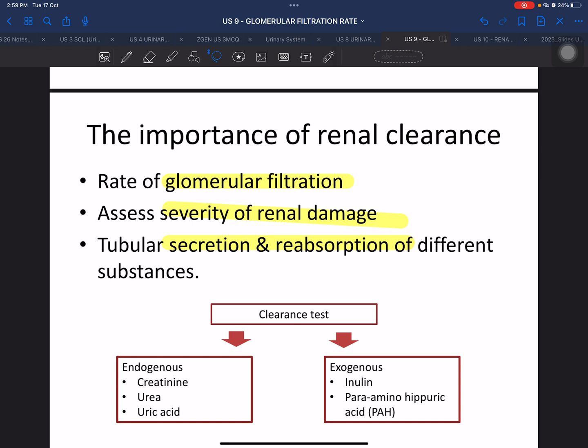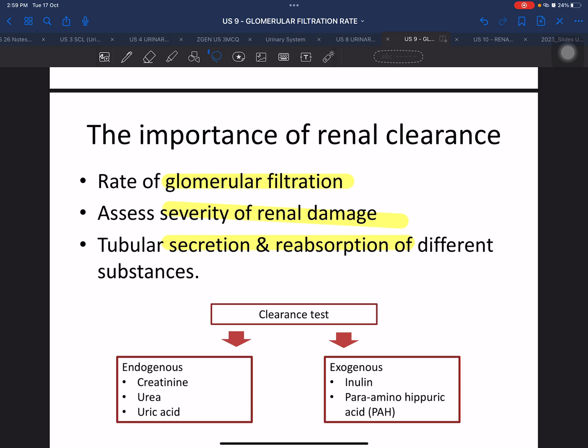It is important to assess the severity of renal damage. In the clinical data, when they look at the renal profile, they need the GFR, the eGFR. That calculation comes from renal clearance. They take the urine and blood data, and then the tubular secretion and reabsorption of the different substances.